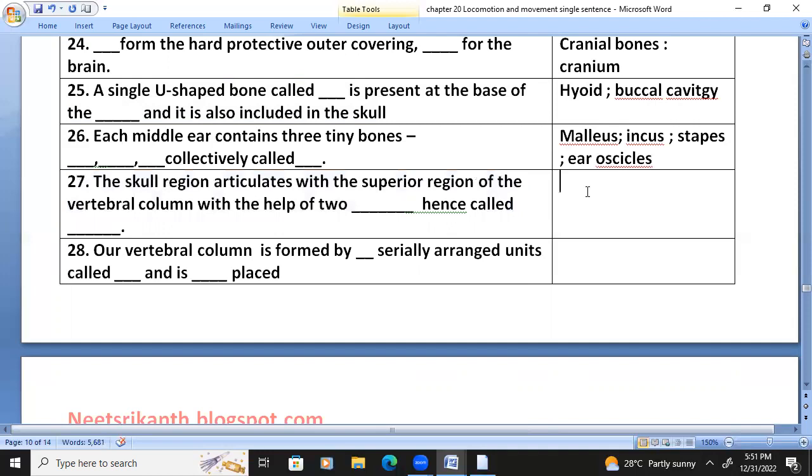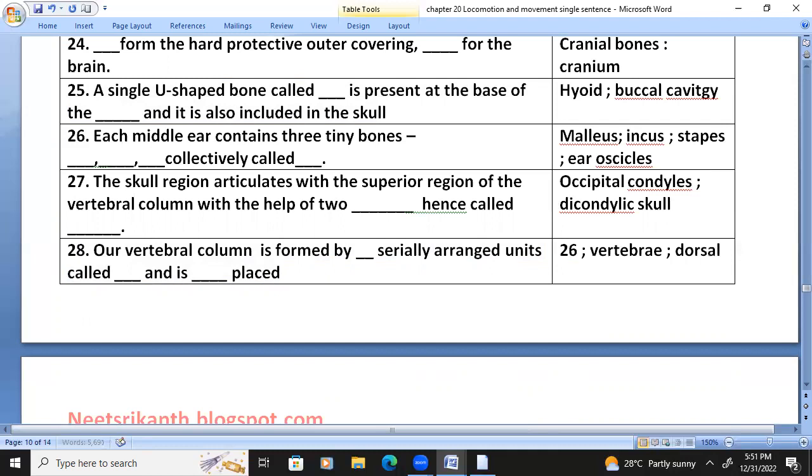The skull region articulates with the superior region of the vertebral column with the help of 2 occipital condyles, and hence is called dicondylic skull. Our vertebral column is formed by 26 serially arranged units called vertebrae, and they are dorsally placed.